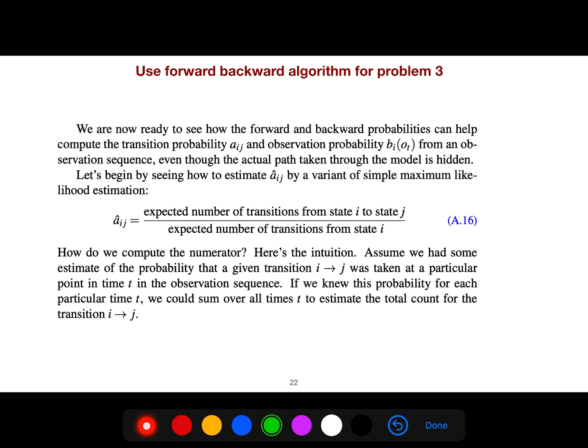So a is the expected number of transitions from state i to state j, divided by the expected number of transitions from state i. So we normalize it. But how do we compute the numerator? The intuition is that, assume we had some estimate of the probability that a given transition was taken at a particular point in time t. If we know the probability for each particular time t, we could sum over all times to estimate the total count.